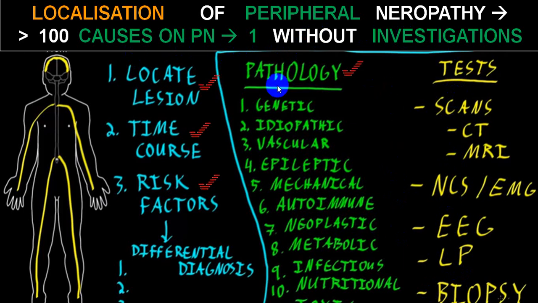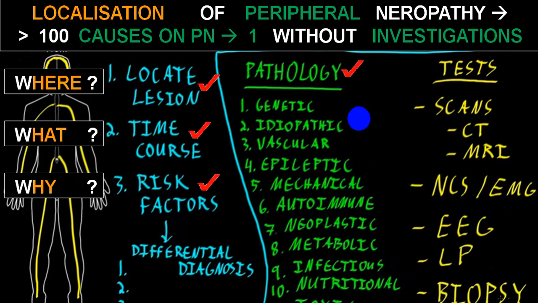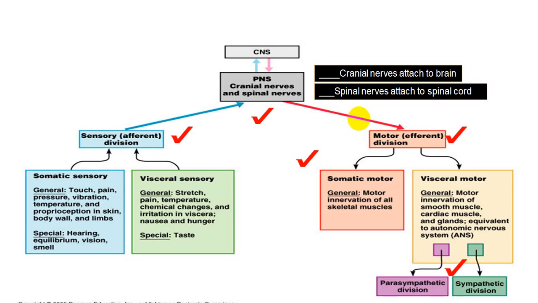But if you take a good history and do a proper examination, you can come to the closest differential diagnosis, and later on you require a selective investigation like nerve conduction study, EMG or biopsy. So we'll try to make it as simple as possible. So where is the lesion? If you want to identify the type of damage and why, that is etiology. We'll try to go through that.